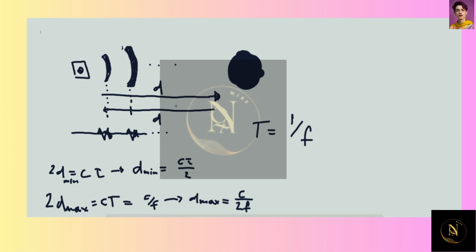And so the minimum distance that the object has to be away from your equipment is going to be, twice the distance is going to be the speed of the waves, which is just the speed of light, times the pulse width. Rearranging this, the minimum distance is c times the pulse width divided by 2. So if your object is farther away than this, then you can accurately determine its position.